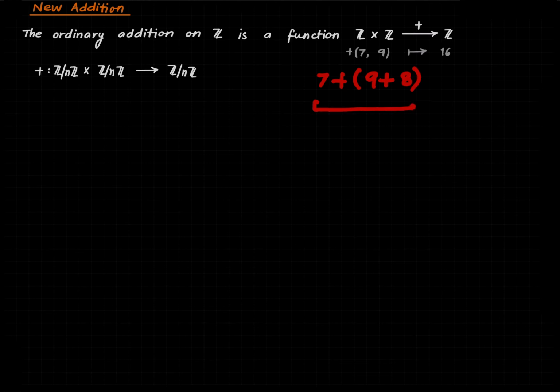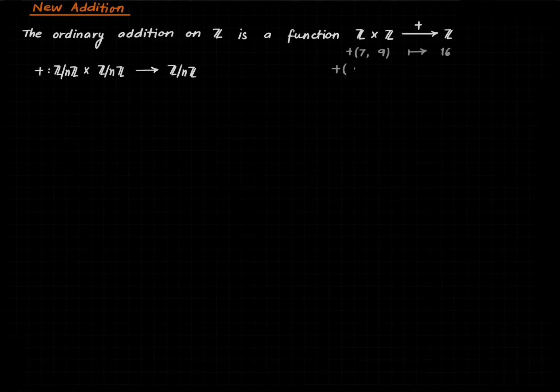First you compute the thing in the bracket and then you compute the result, or you can change the order of addition. Either you add 7 and 9 first and then add it to 8, or you add 9 and 8 first and then add it to 7. That's associativity.